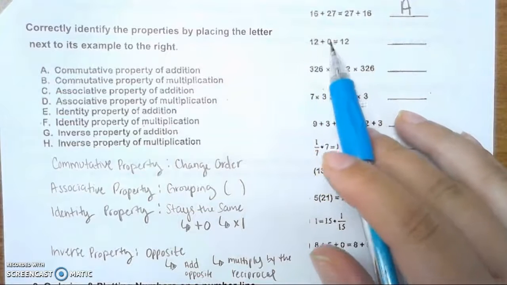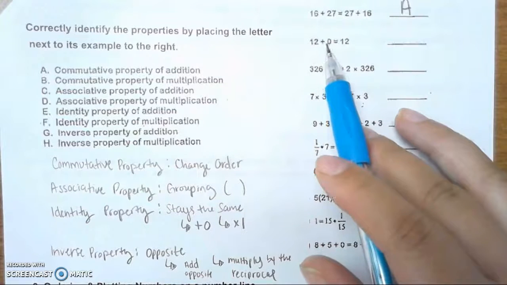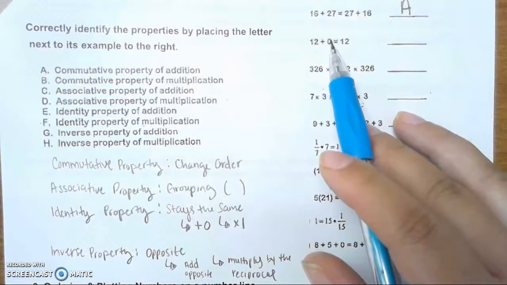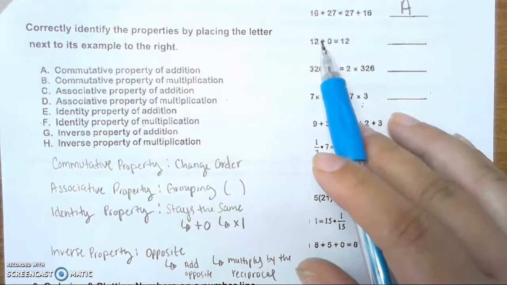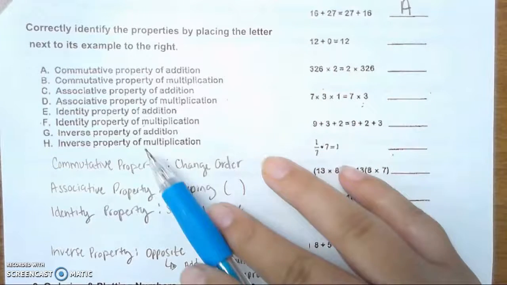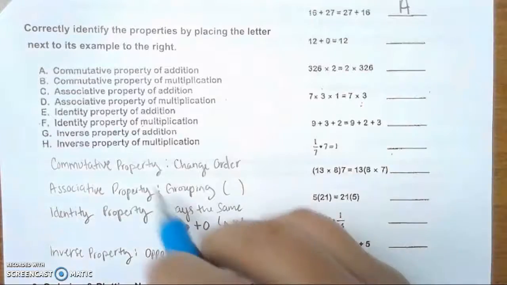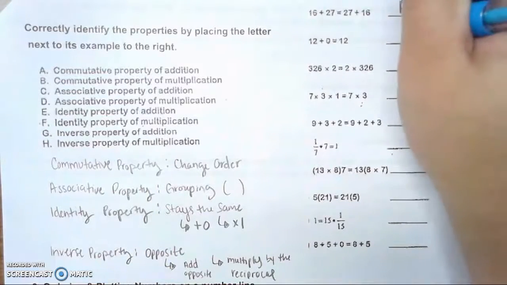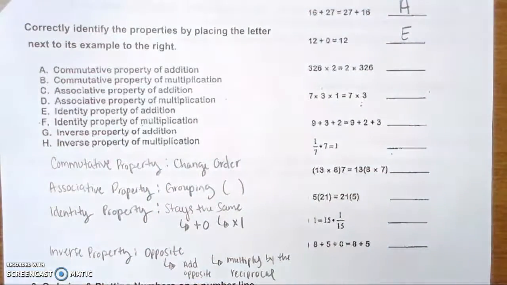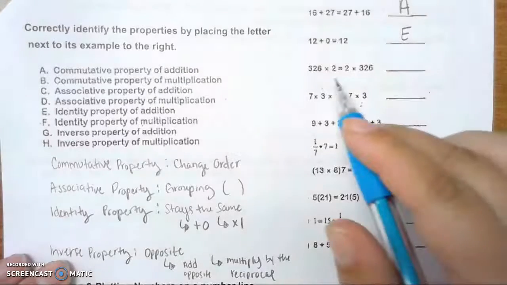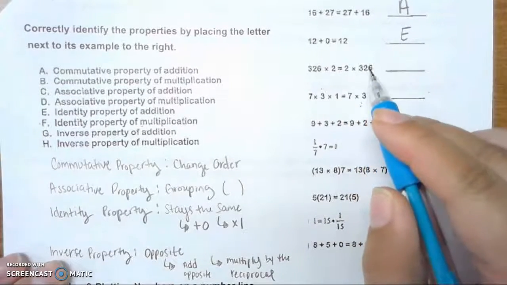Next, 12 plus 0 equals 12. Well, we're just adding 0. It doesn't do anything. It makes it stay the same. So therefore, it's the identity property of addition. So E. Next, we have 326 times 2 equals 2 times 326.